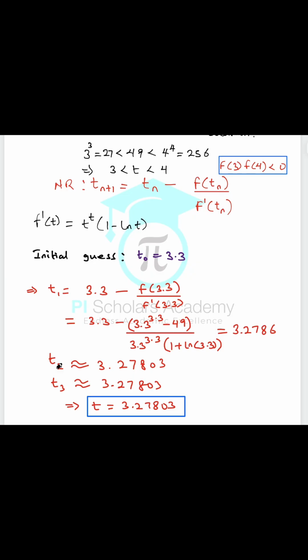If I want to get T2 as well, all I have to do is plug in this value that I got for T1 into the expression again. But now that I've already programmed that in my calculator, make sure that you are always pressing AC instead of the power on button.